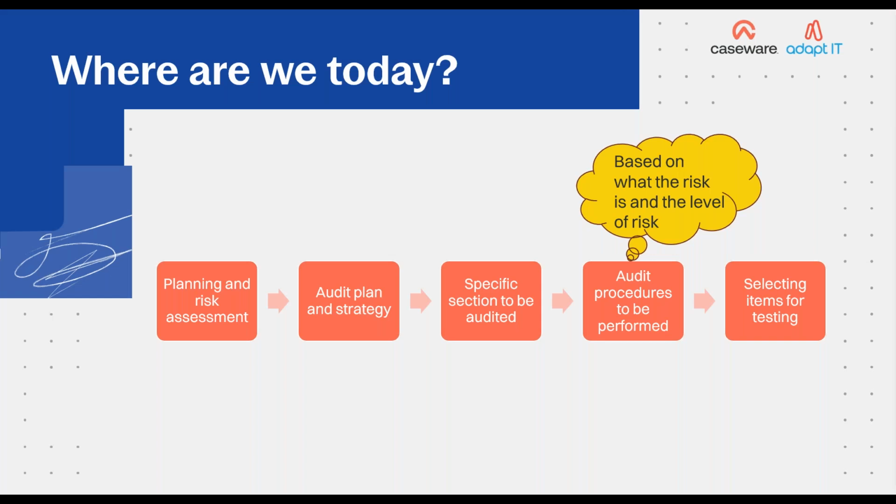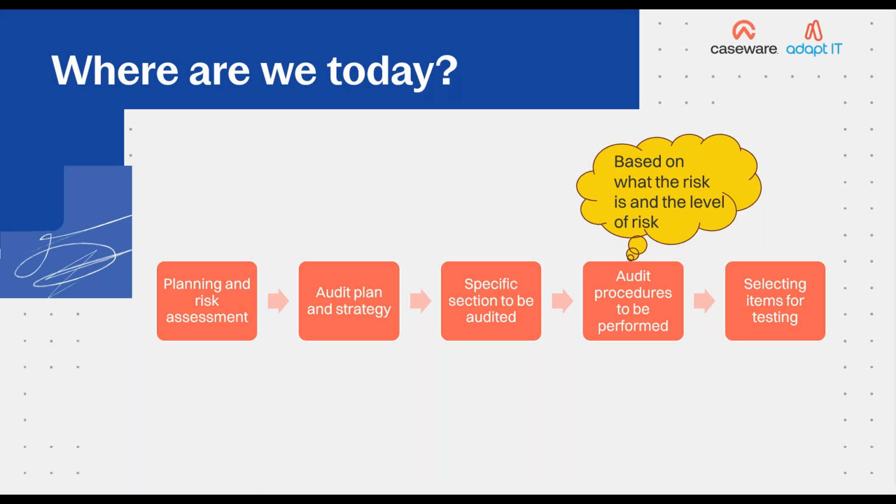All right, so then where are we today? Well, I've said we're going to do the selection. Maybe just to see that someone, maybe our team, maybe us, did the planning of the audit file, we did the risk assessment. We then decided on what would be the most appropriate audit plan and strategy for auditing this client.